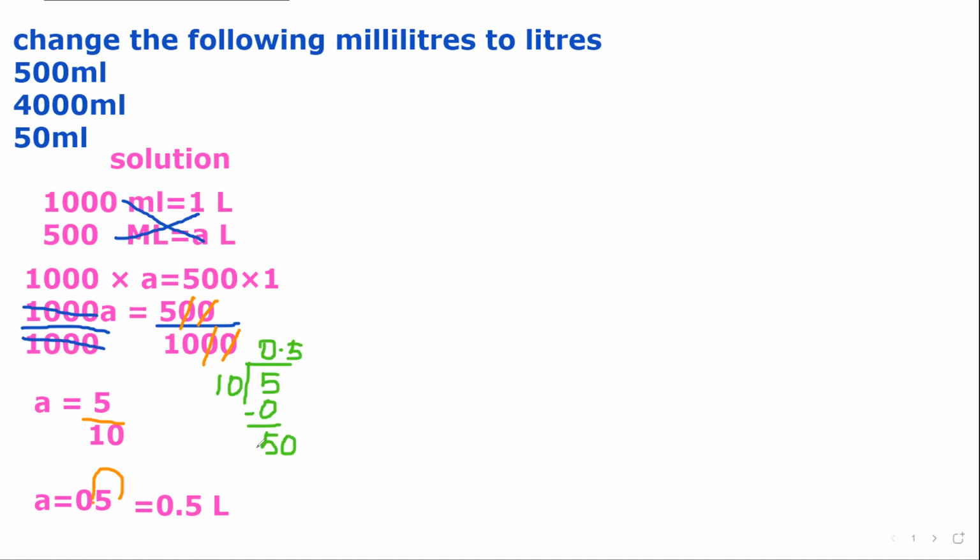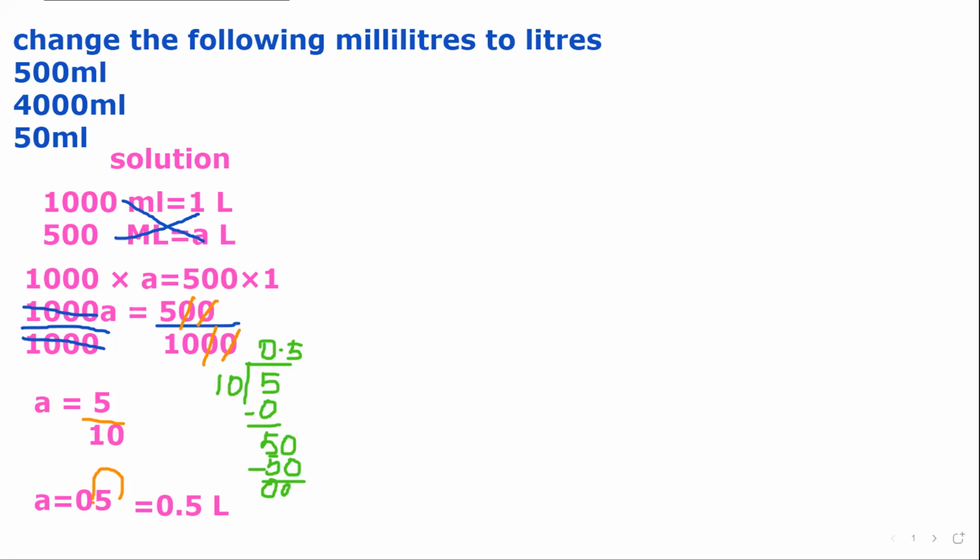To check whether there will still be a remainder, use the 5 to multiply the 10 and subtract it from the 50. 5 times 10 is what? 50. Then when you subtract here, you get 0. Okay, so therefore the answer here is what? 0.5 liters. Good. Let's solve the other one.